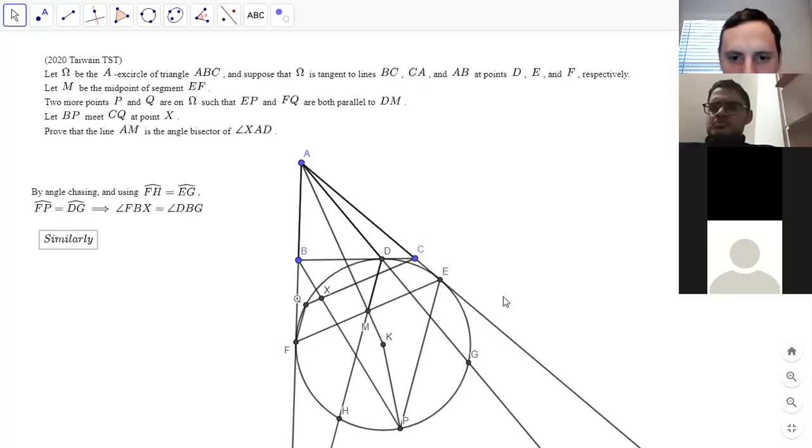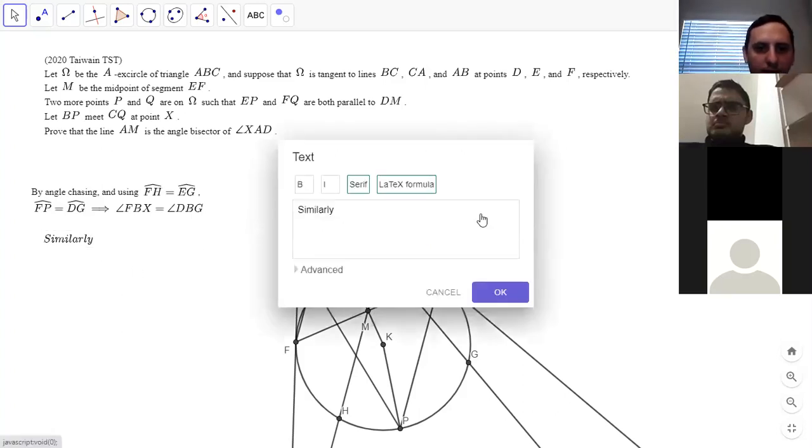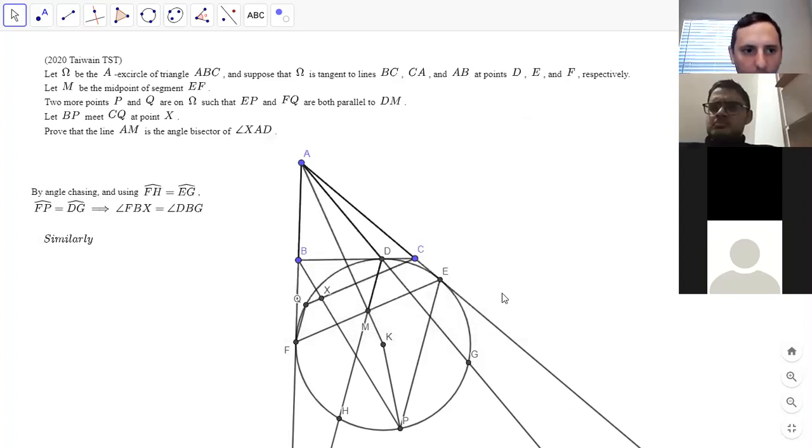BCX is equal to GCE. BCX is GCE. So G and X are isogonal conjugates with respect to ABC.